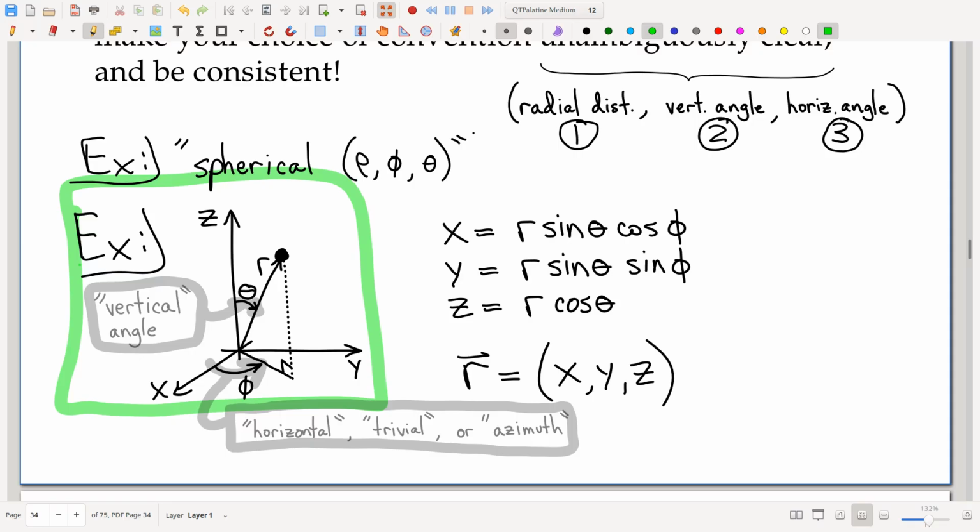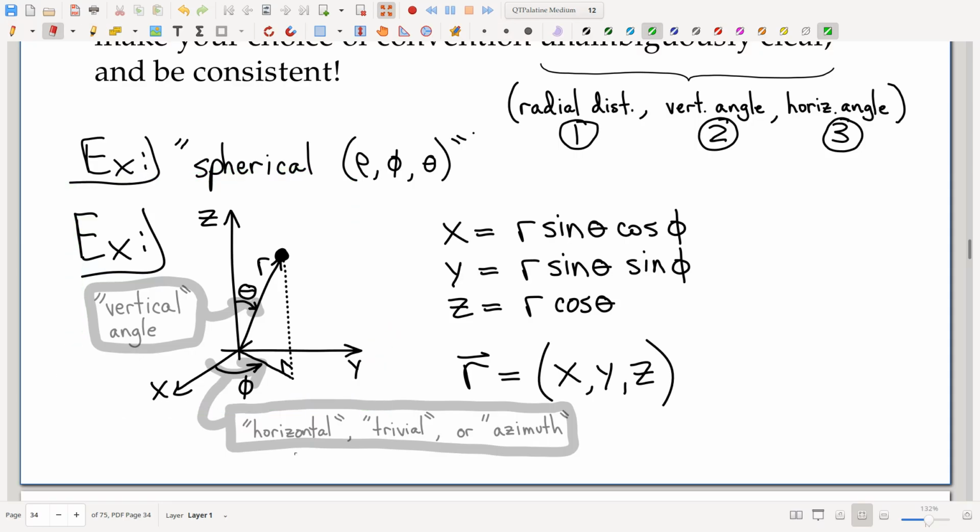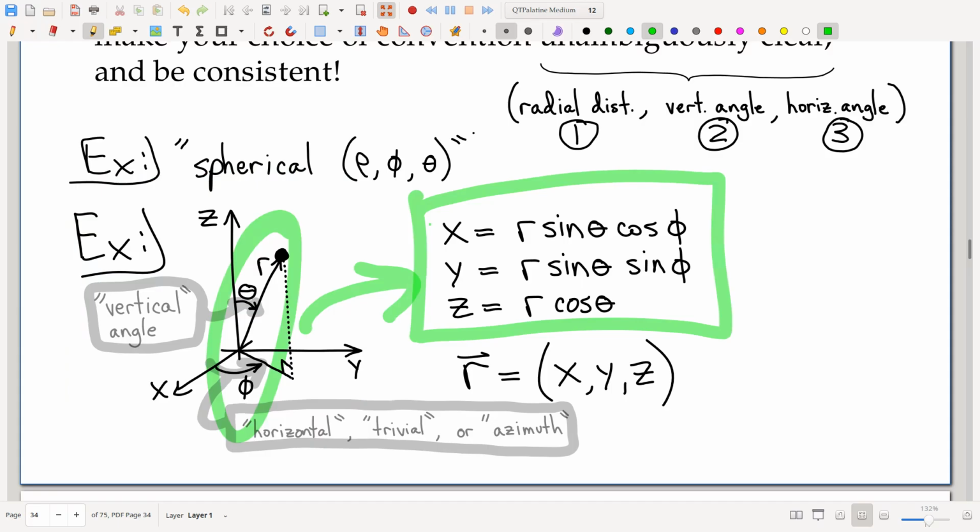By the way, for whatever it's worth, this is the convention that is common in physics circles. So you're going to be taking physics classes, and I'm not exactly sure what the conventions are in engineering. But one way or the other, you are going to see some of these other conventions in some context or another. Notice, of course, if you change the names, that also changes the conversion formulas.